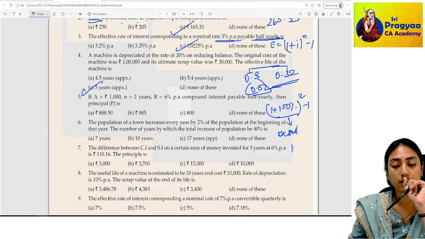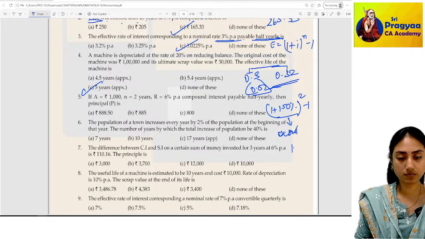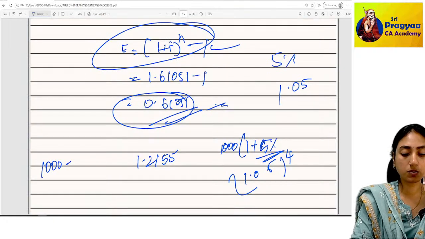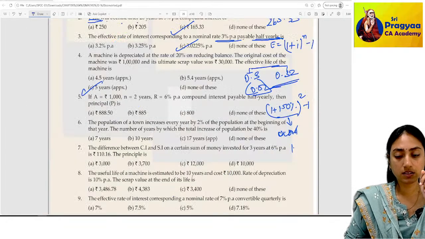What are you saying? Now A is equal to P into 1 plus i to the power n. 1000 is equal to P into 1.03, the interest rate is 6.